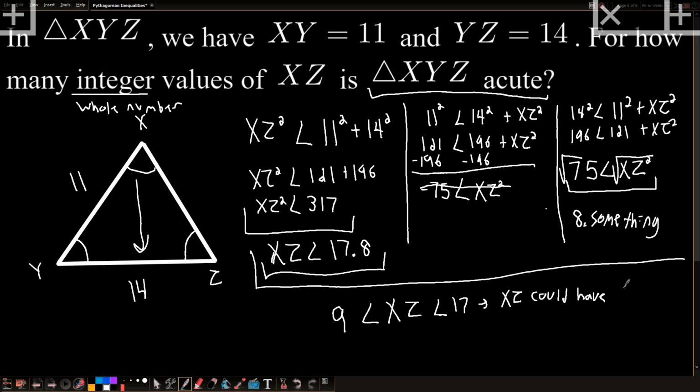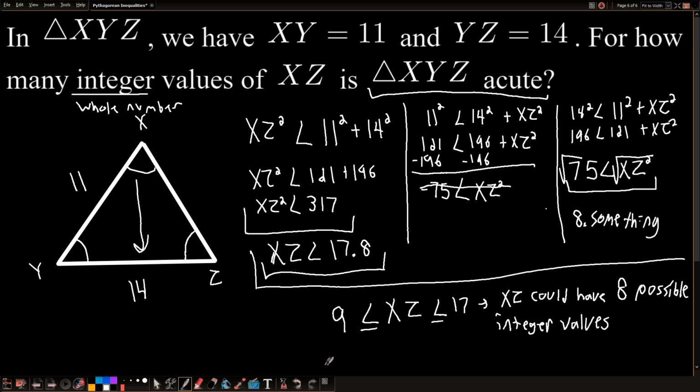It could have 9 possible integer values, because it's all the numbers, including in each case the 9 and the 17.